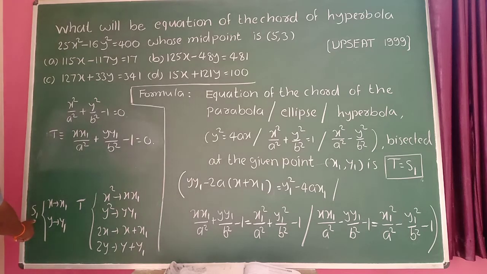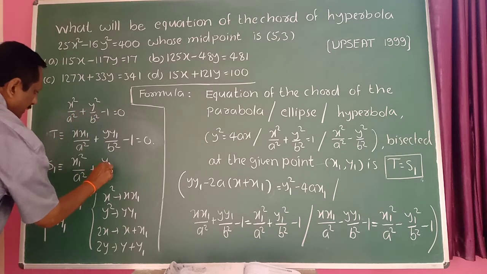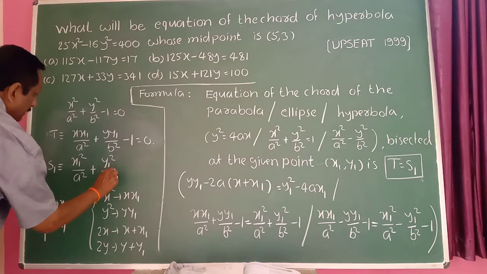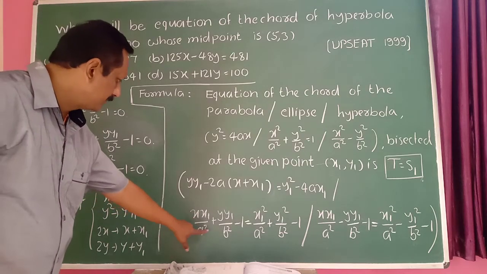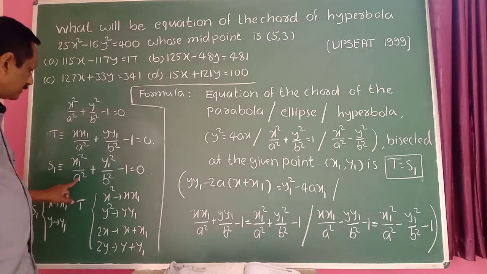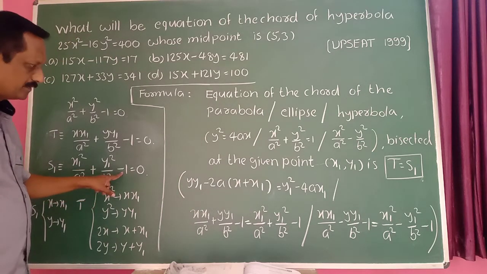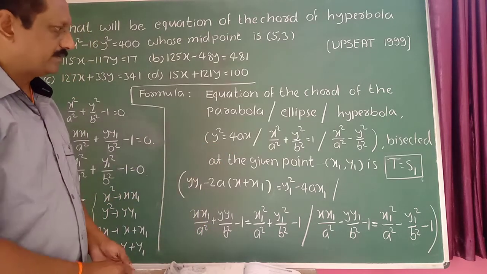And S1 means replace x by x1 and y by y1, so S1 gives x1²/a² + y1²/b² − 1 = 0. Then equate them: xx1/a² + yy1/b² − 1 = x1²/a² + y1²/b² − 1. It gives the equation of the chord bisected at the point (x1, y1).